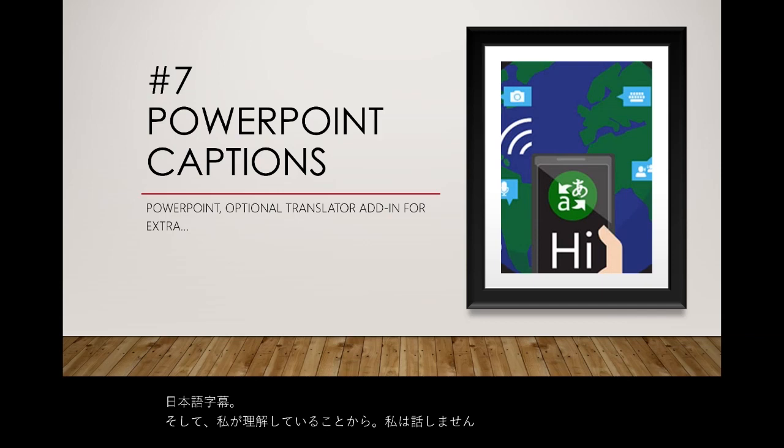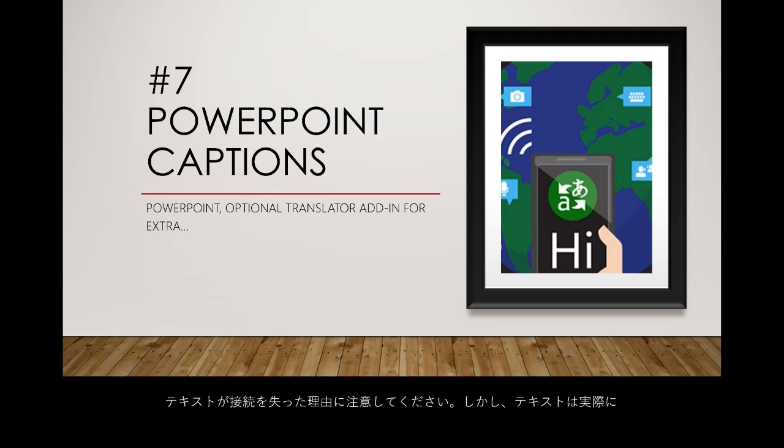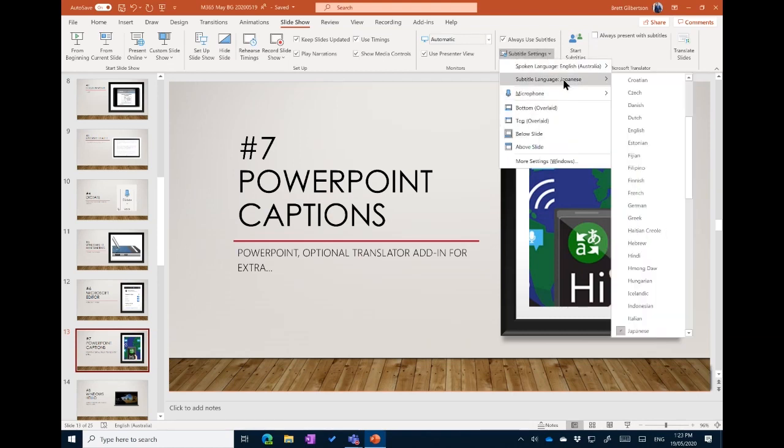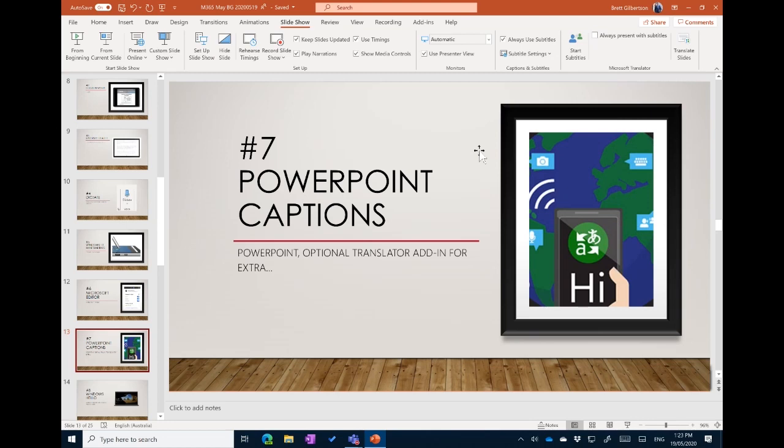Rather, they're AI-powered smart translations. You'll notice that the text, well, I lost the connection there, but the text actually changes as I speak and based on the context of the sentence. So from what I've heard from other people, it does a reasonable job of computer translation. I'm going to change this back to English. So you can see that you can very quickly switch back and forward between language.